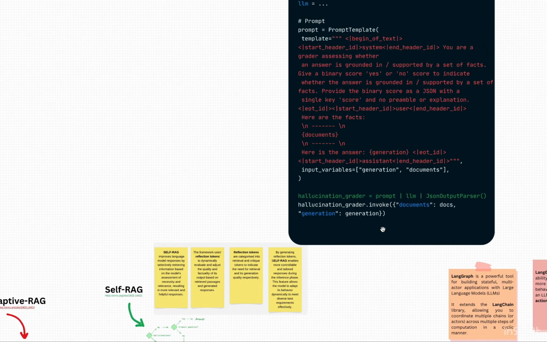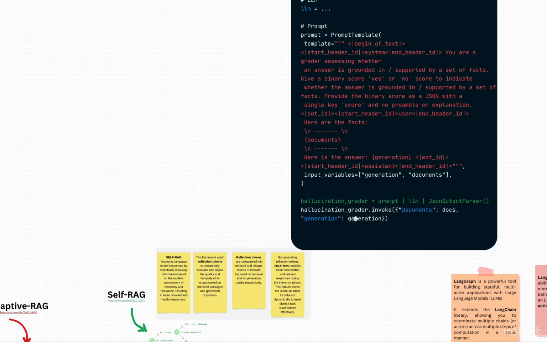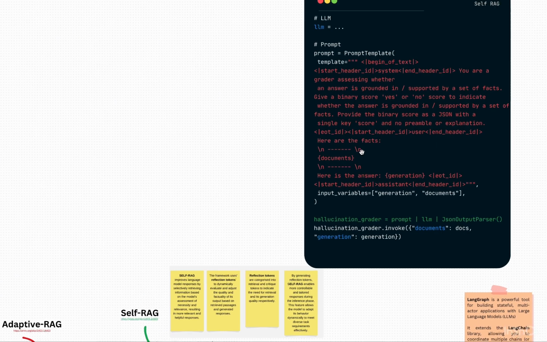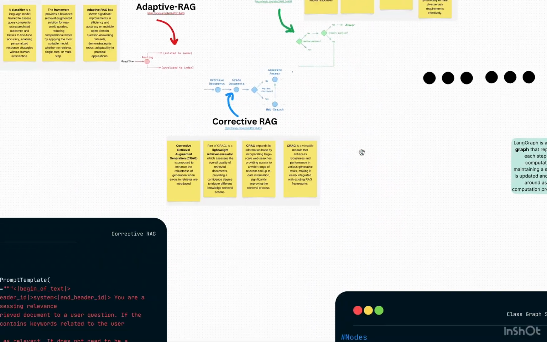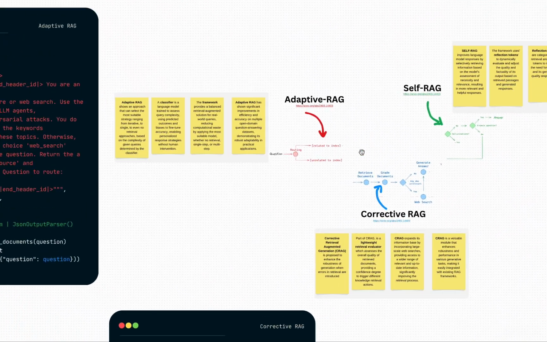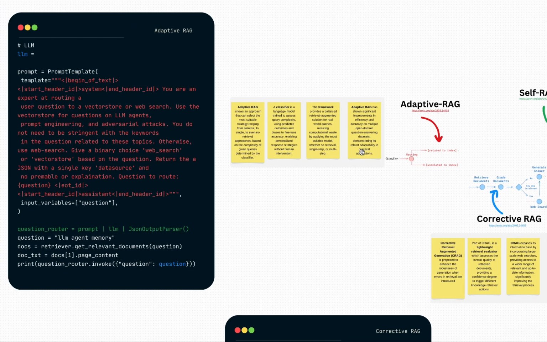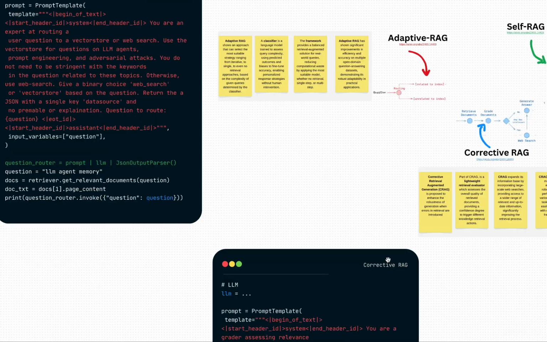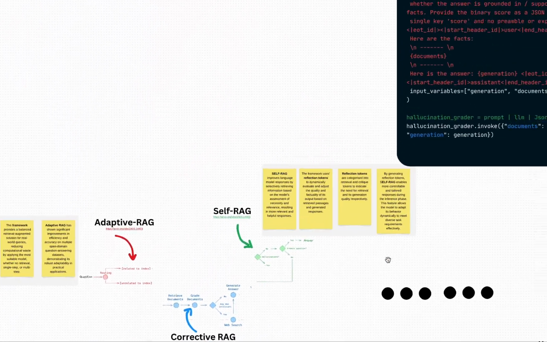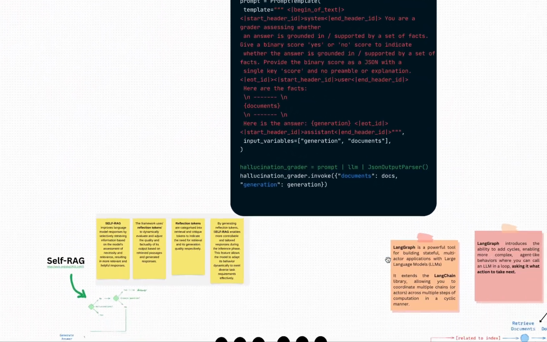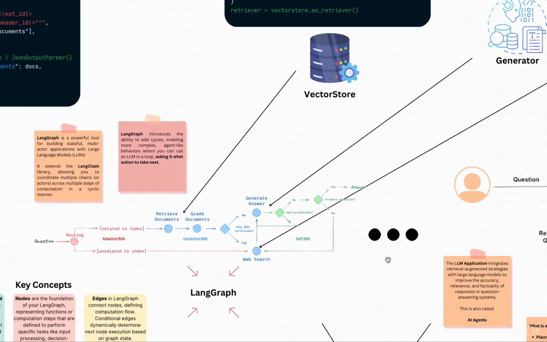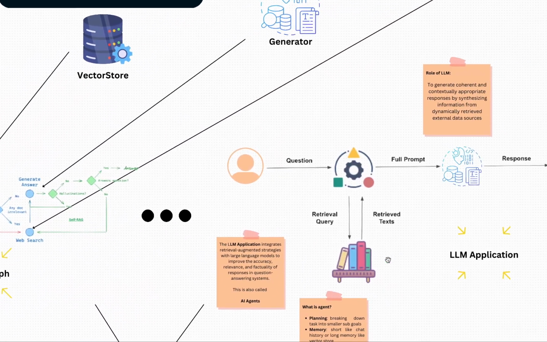So this is simply how they are implemented, and as we can see, it all depends on prompt engineering and the LLM, using the LLM in adaptive RAG, corrective RAG, and self-RAG, and then adding the generation part, which is here.